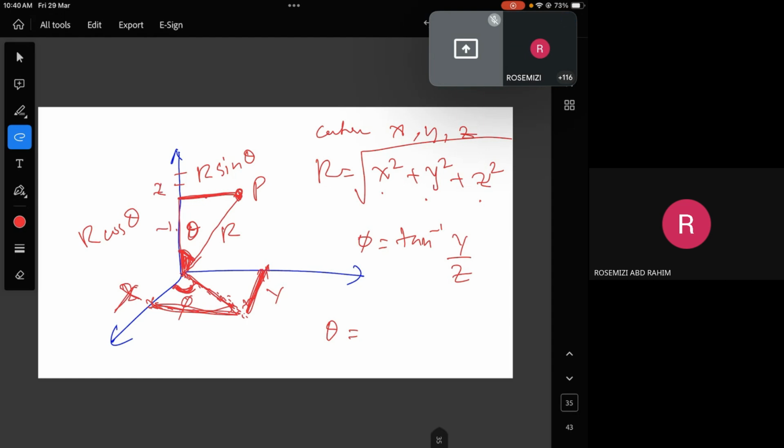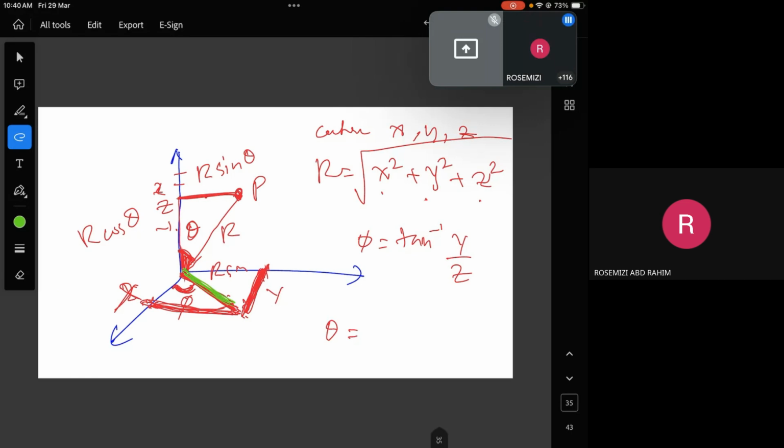Z equals this one, r cos theta. So by using the values of x and y, we can determine this.